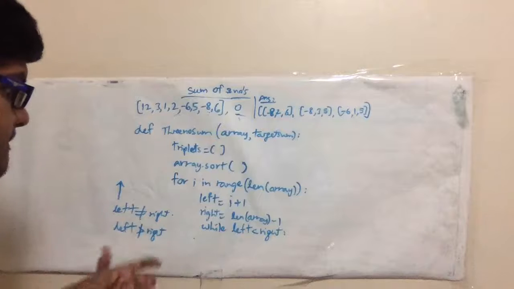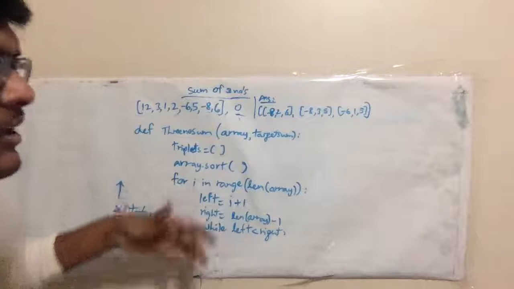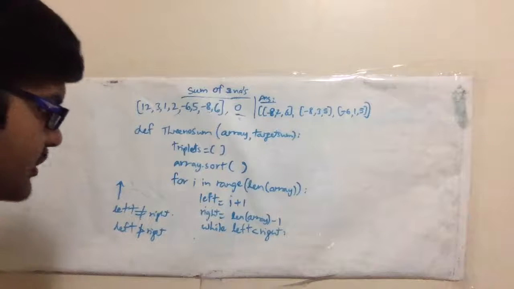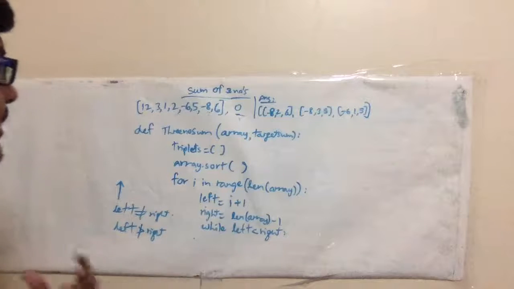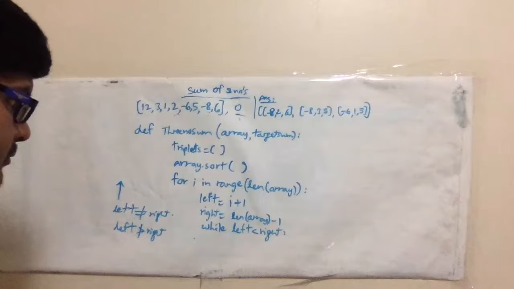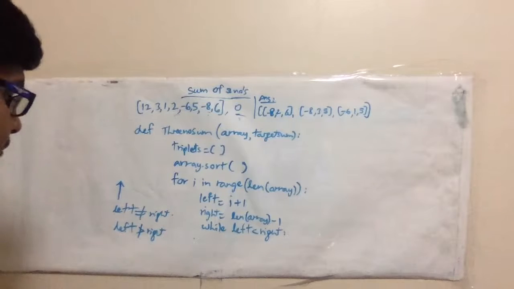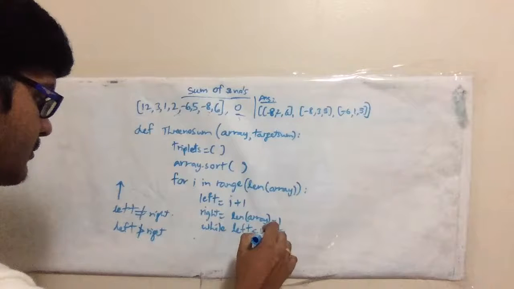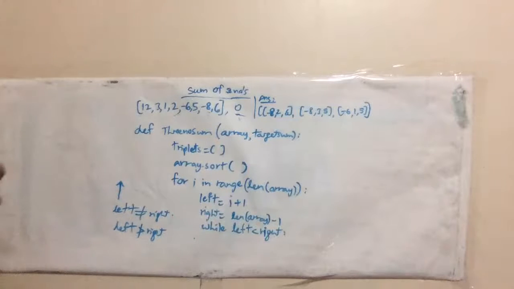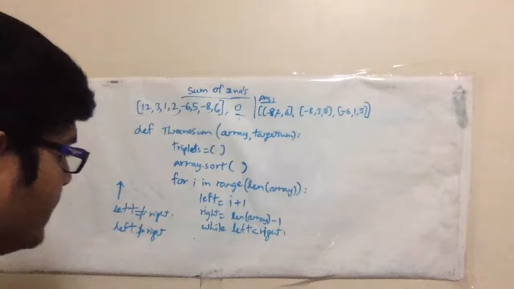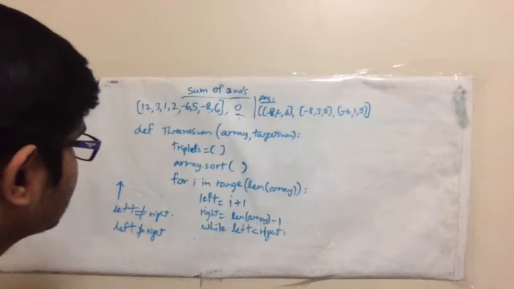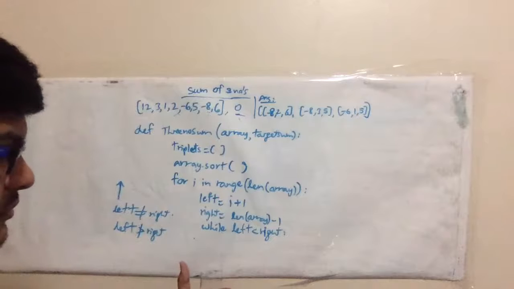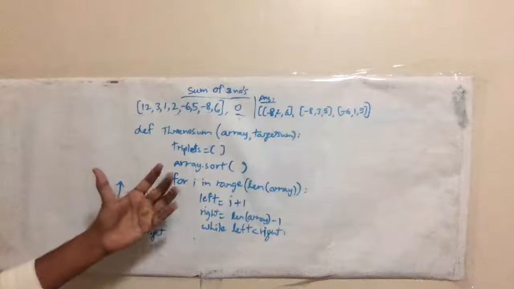Now we have checked that the left is less than right. Now what can we do? We need to make some current number and current sum.